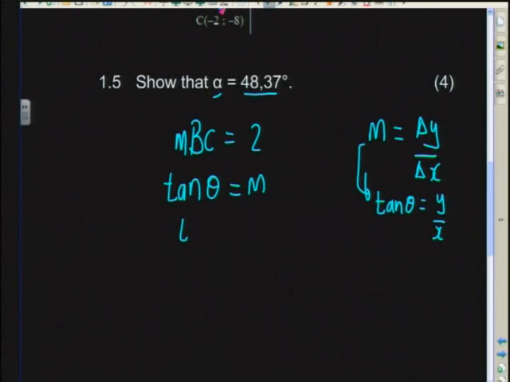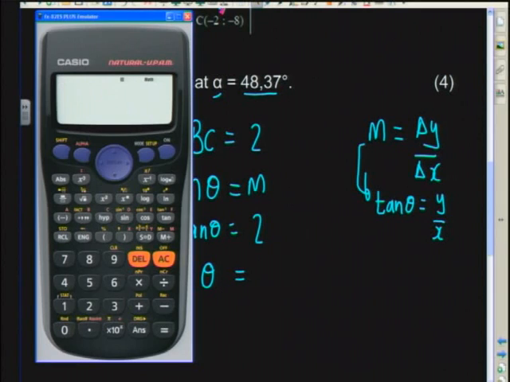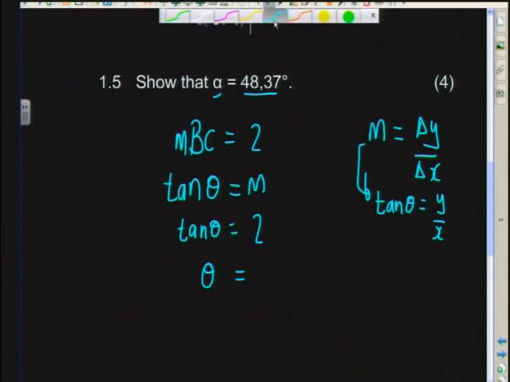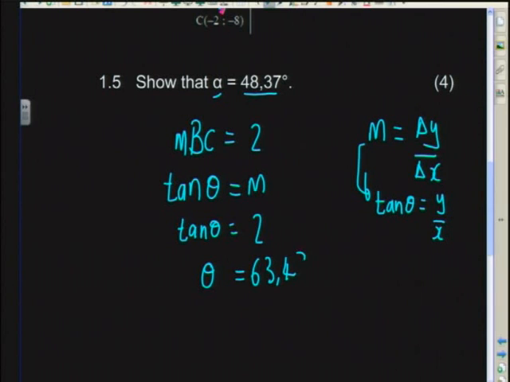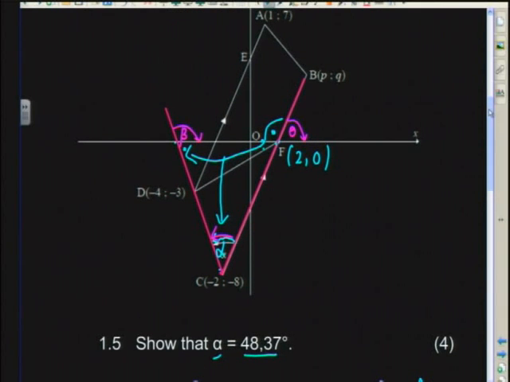So tan of theta, basic trig equations, is equal to 2. I need to work out theta, so I get my calculator up. We're looking for an angle, so we start with shift tan of your ratio, which is 2, and that gives me 63.43. So 63.43 is the value of theta.